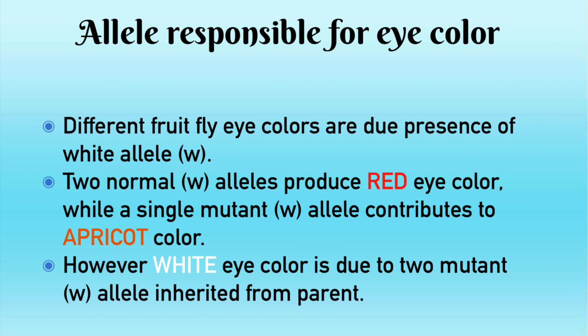First is that it takes two normal alleles to produce red eye color, and the mutation robs the fruit fly of the required amount of protein to have red eyes. The alternative explanation is that the apricot eyes come about because the mutant W allele interferes with the normal protein production by the other gene in the allele pair.